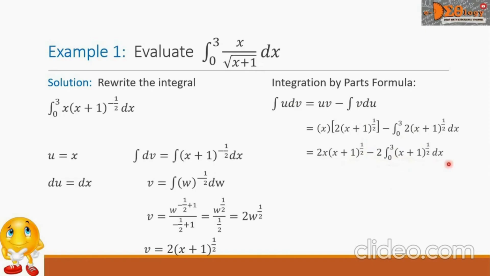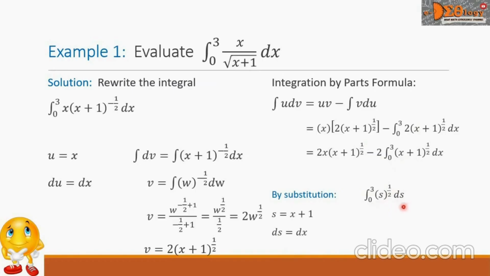For the integral here, we need to do another substitution. We let a variable s be equal to x plus 1. So we have here ds is equal to dx. Substituting now, we have the integral from 0 to 3 of this variable s raised to 1/2 times ds.